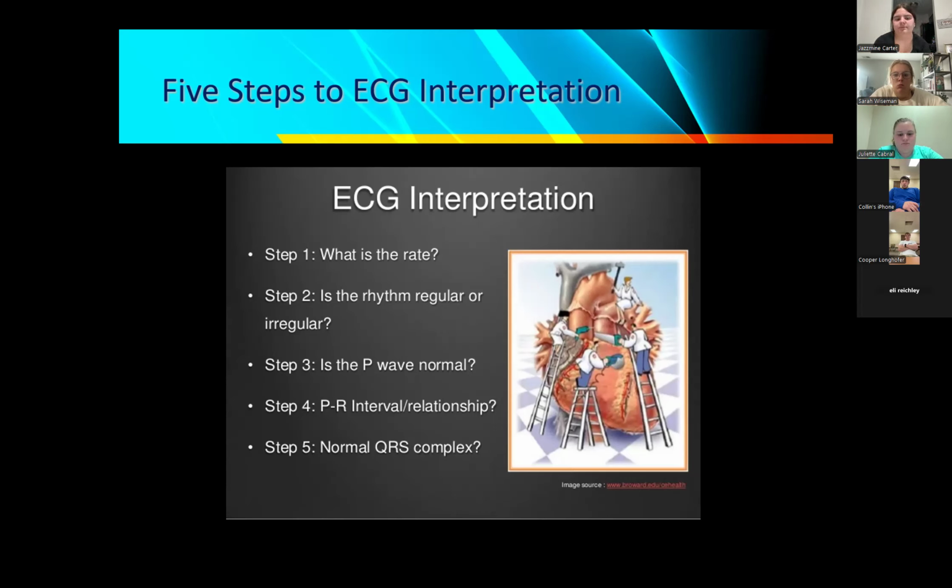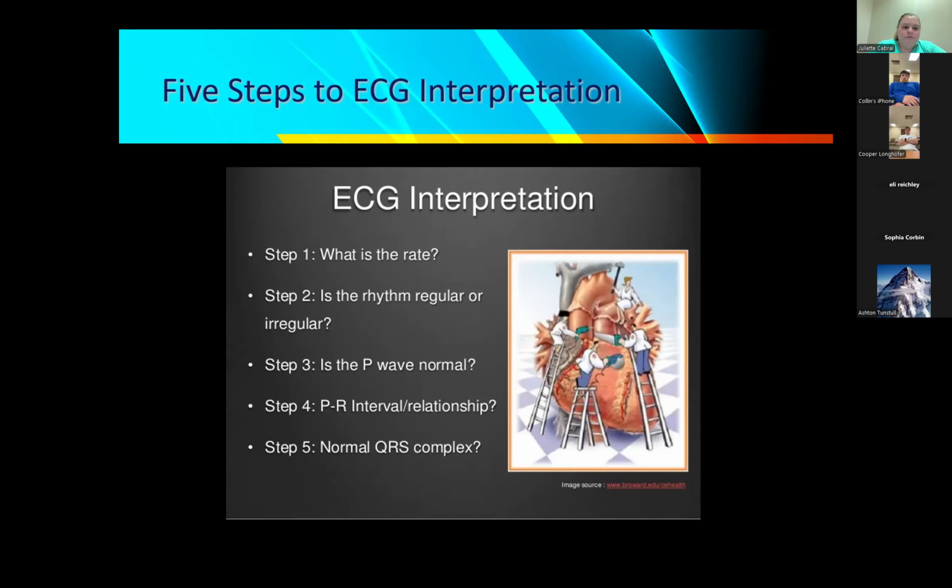Now, let me ask you a question as we're looking at this. Sophia, what sinus rhythm have we learned that is irregular, but is irregular based upon a pattern?